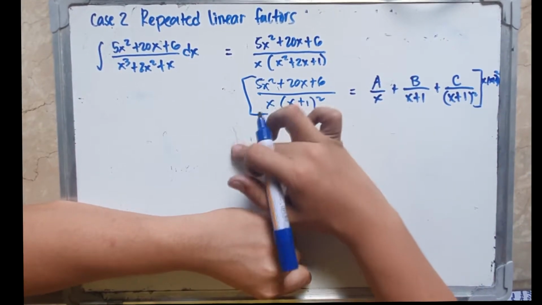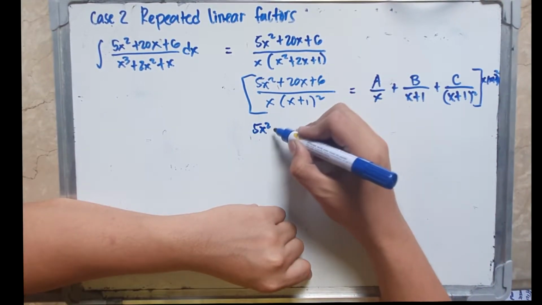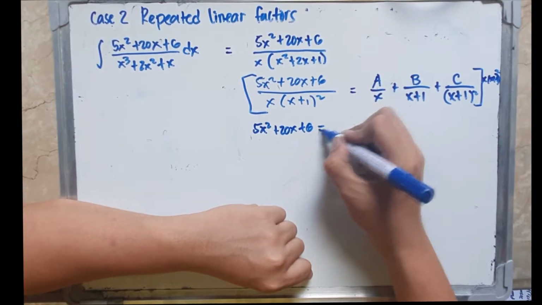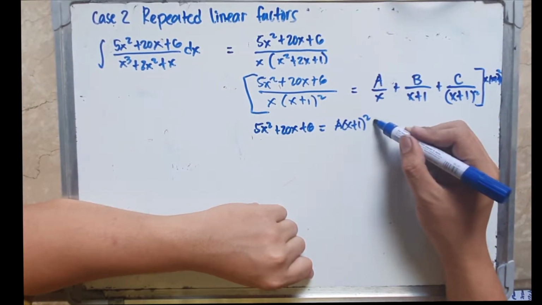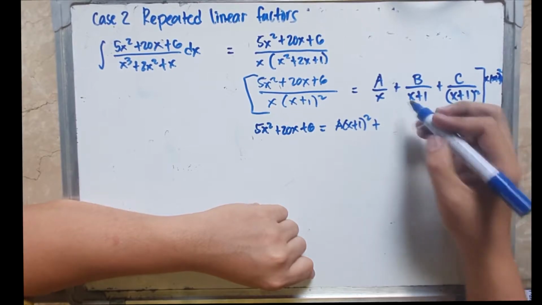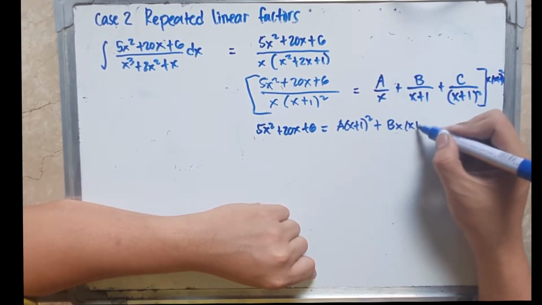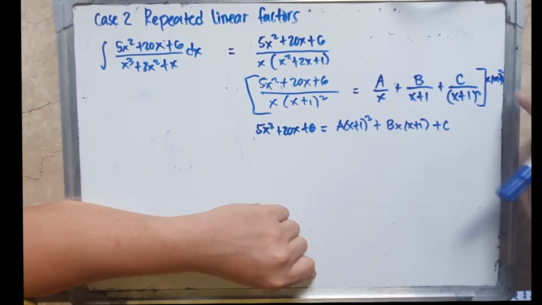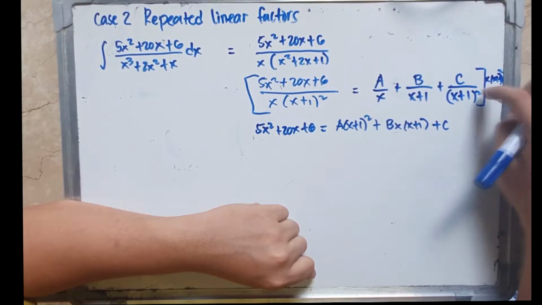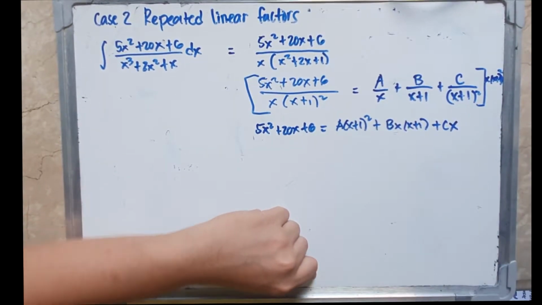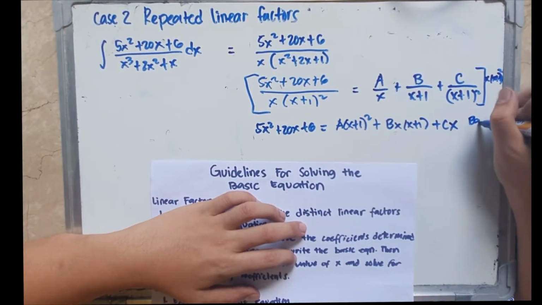We now have 5x squared plus 20x plus 6 equivalent to a(x plus 1) squared plus, if we multiply this to b, we have bx, and we'll cancel one value of the x plus 1, so bx(x plus 1), plus c. If we multiply this term to this term, we will cancel x plus 1 squared, so we now have cx. Okay, so this is our basic equation.